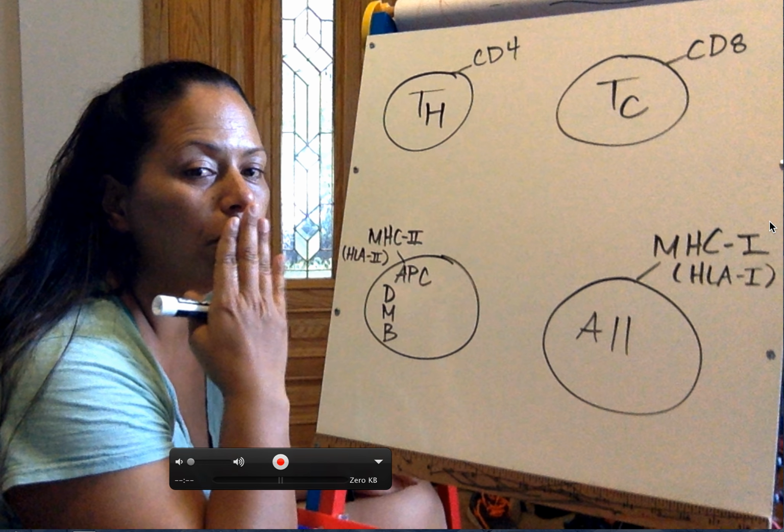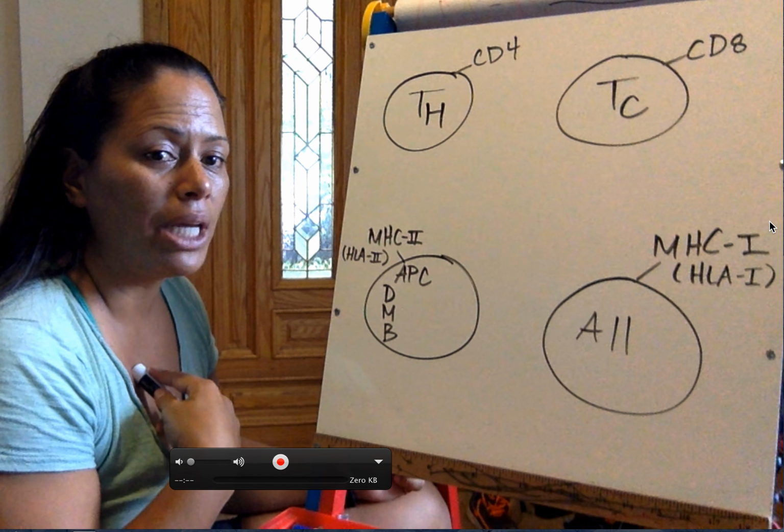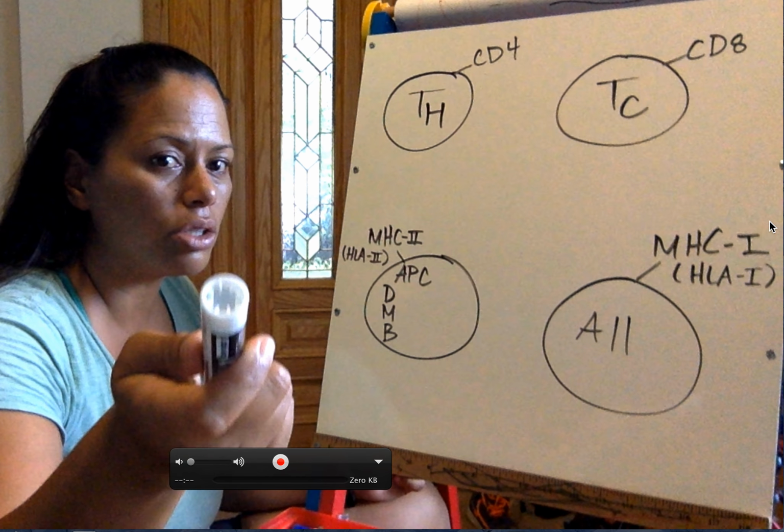It's really good. You have to devour it and destroy it. So here we go. If I'm presenting something to you and my job is to present to you, are you going to respond to me and destroy me? No. So the goal of antigen presenting cells is to present.